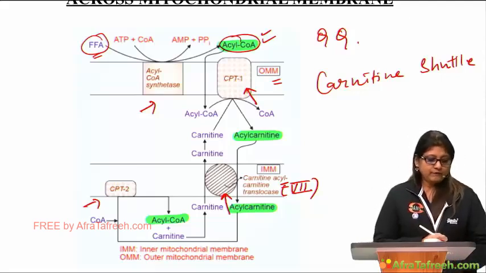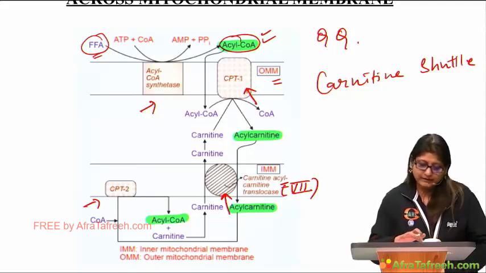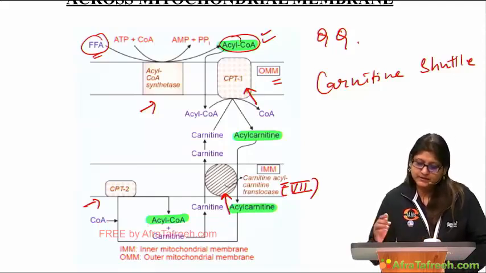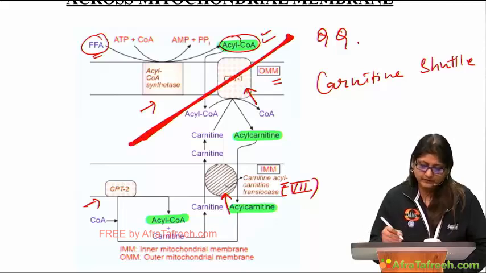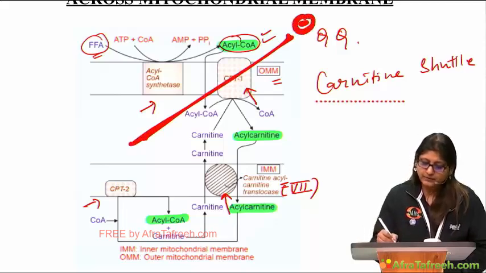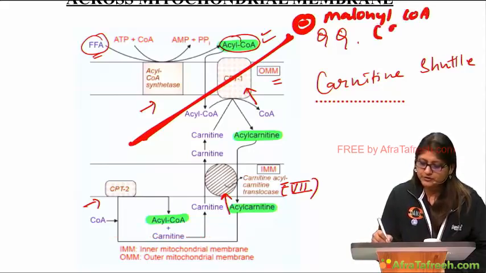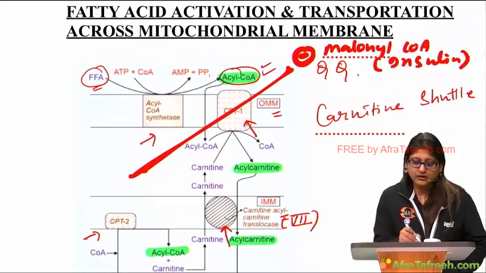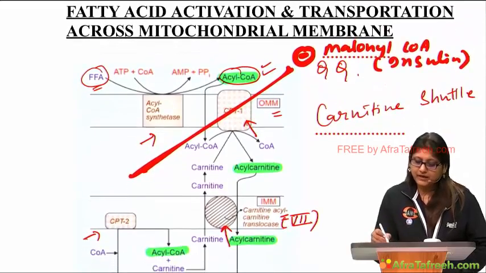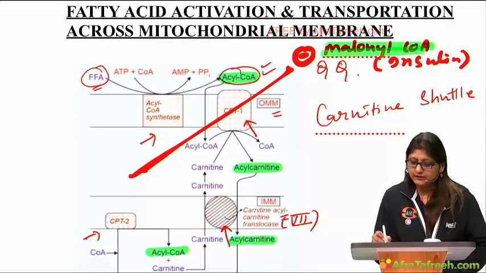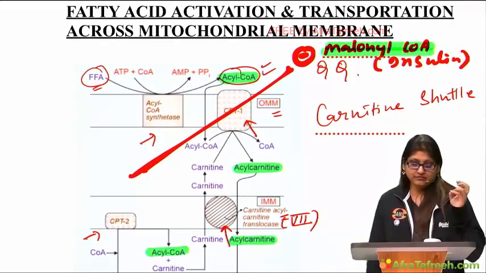Right? Very good. And one very, very repeated important point is the CPT1 blocker. What is that blocker? CPT1 blocker is malonyl-CoA, which is produced in presence of insulin. Malonyl-CoA is the intermediate produced during synthesis of fatty acid.